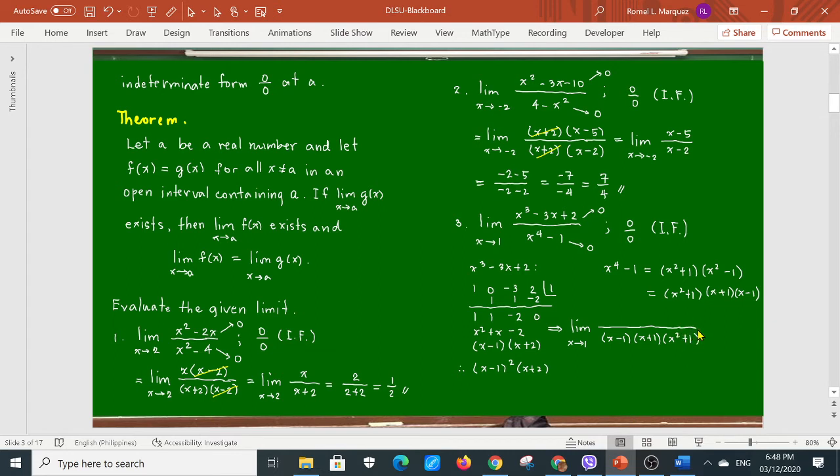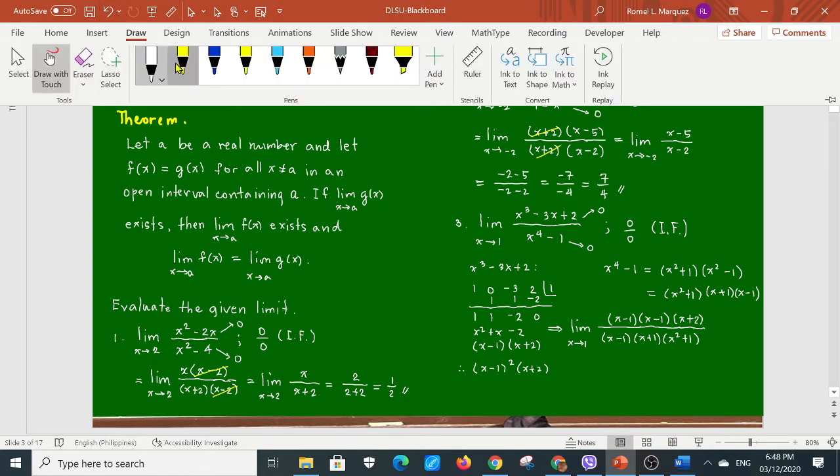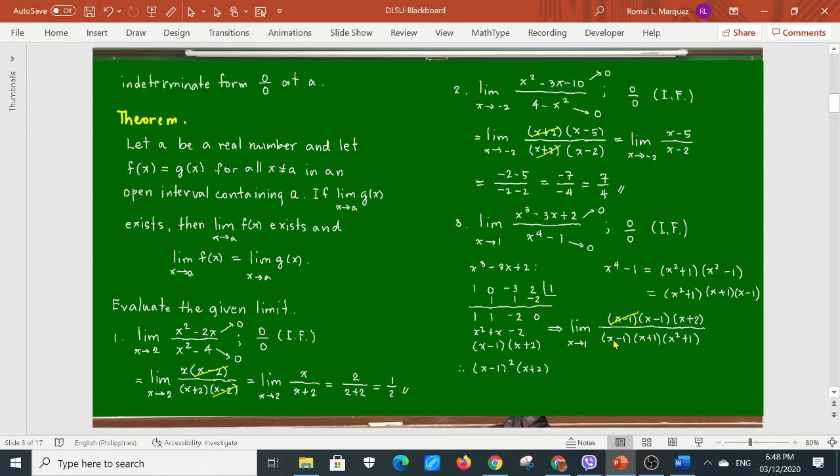What about the numerator? It is x minus 1 quantity squared, then x plus 2, from which I can cancel x minus 1.